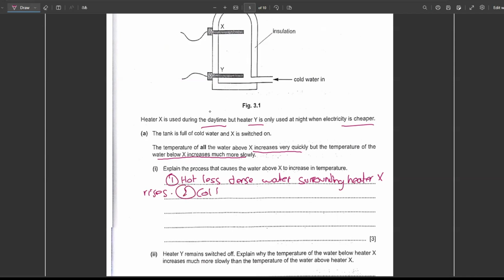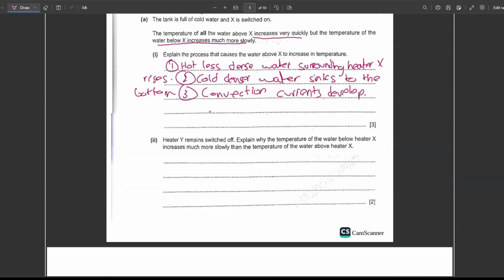Cold, denser water sinks to the bottom. Convection currents are developed. Simple, simple one. Again and again, we are writing the same thing. Convection currents develop, and this causes heating. Heater Y remains switched off.